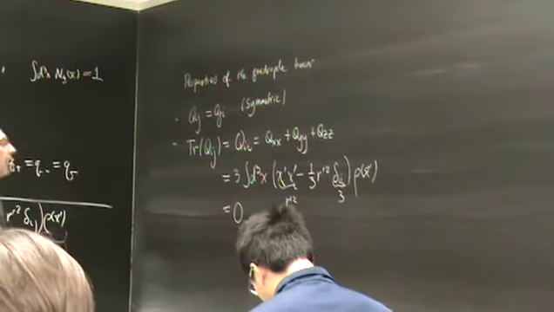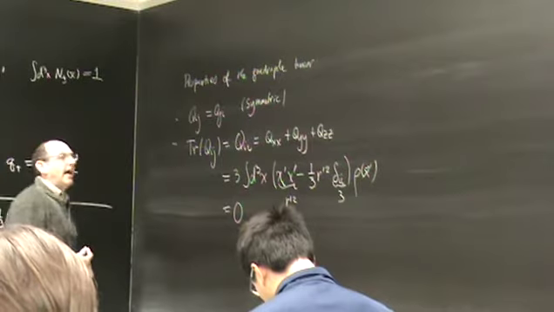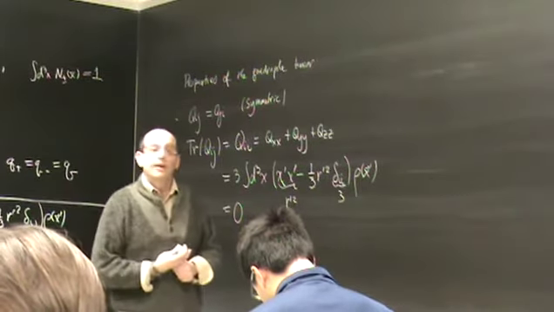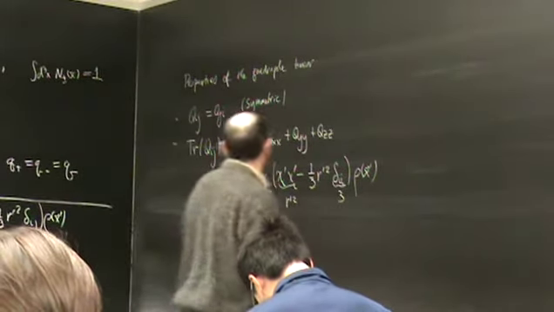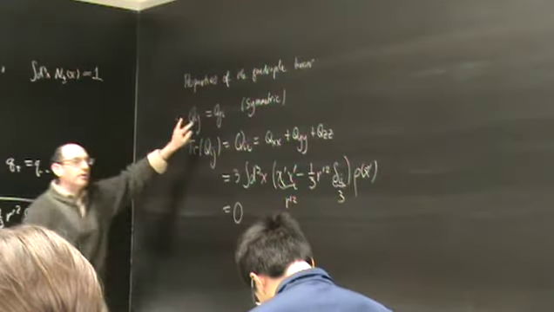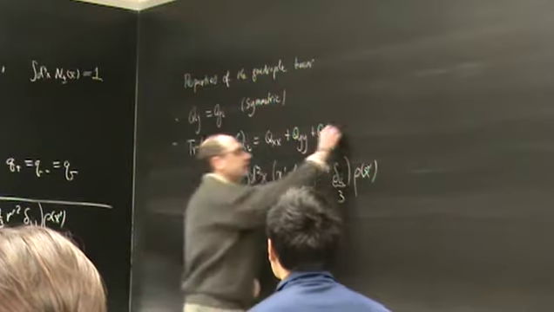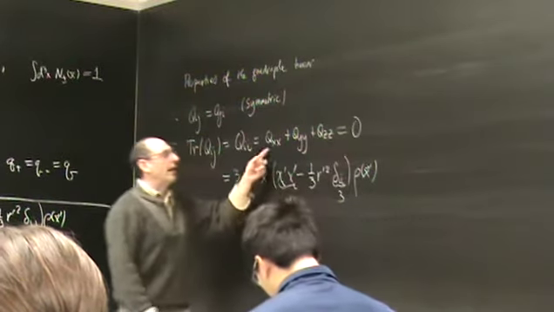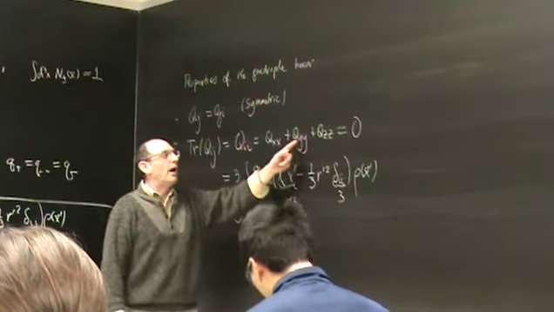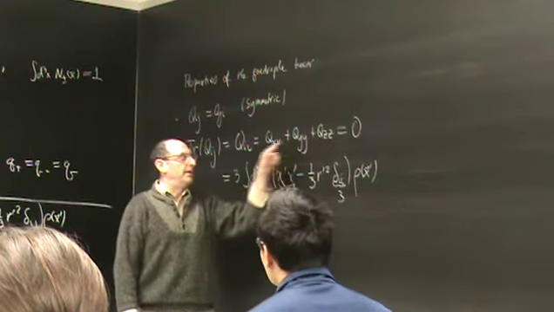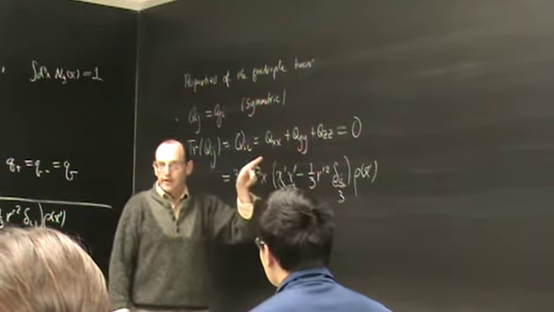And thus, it does not have 9 independent elements because the ones on the off diagonal are related to one another, and the ones on the diagonal have to sum to 0. So if I know Qxx and Qyy, then Qzz must be minus the sum of the others.